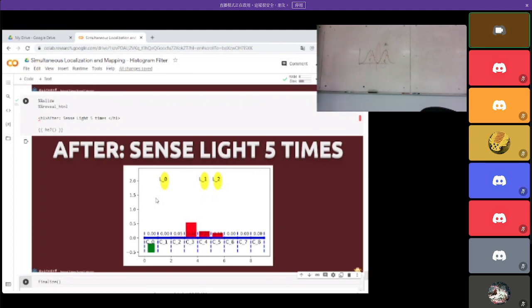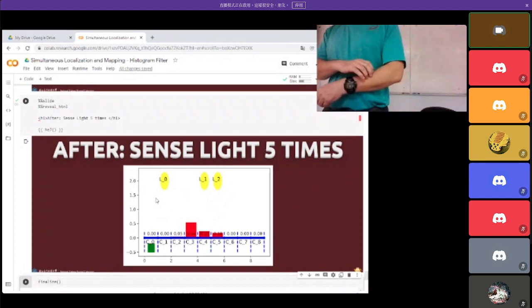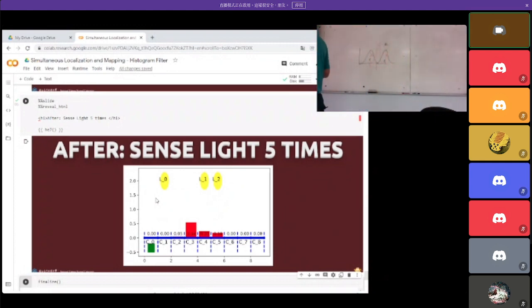And we want to be able to control the amount of memory. If I have a very large environment, I don't want to have to discretize every cell. And the algorithm that does that is very similar computation, except we're using a very clever trick, a very elegant algorithm in order to represent this distribution.